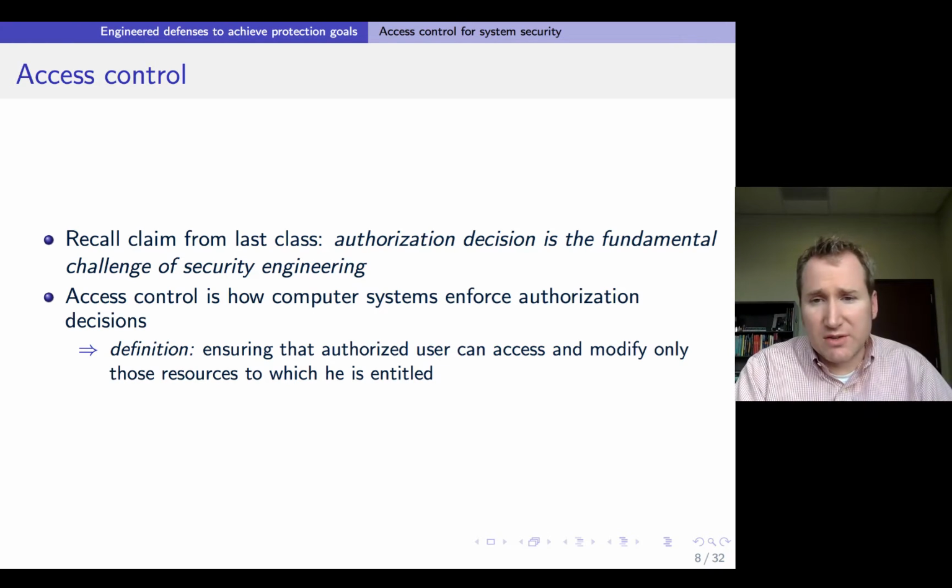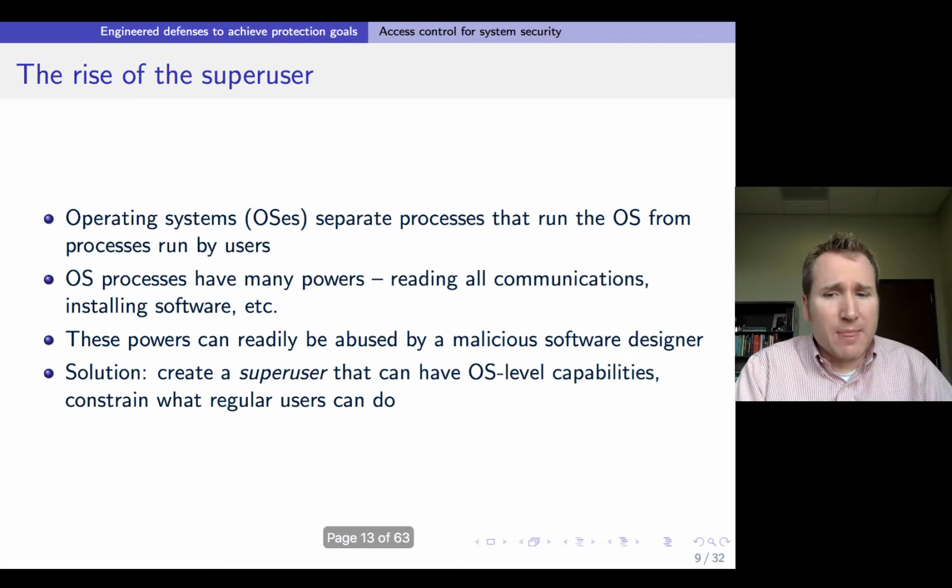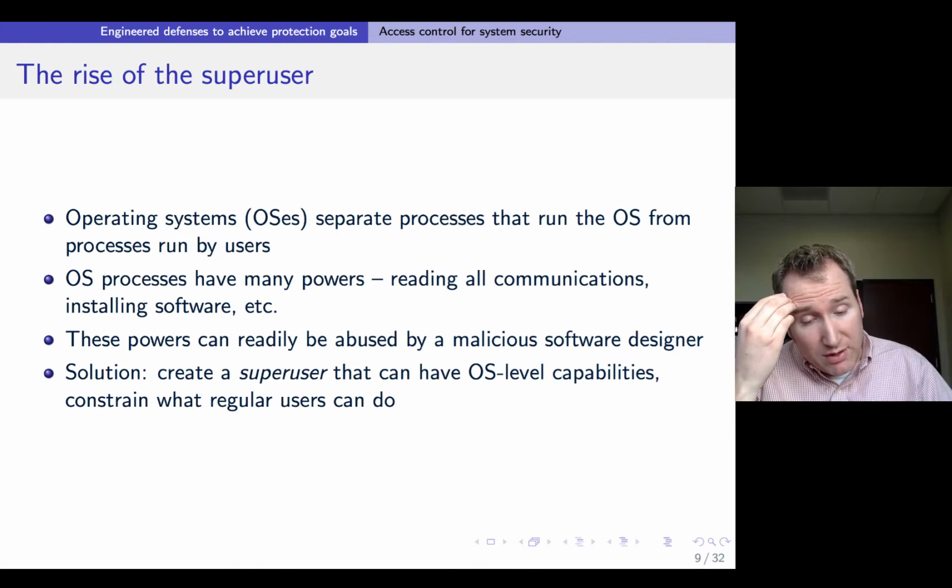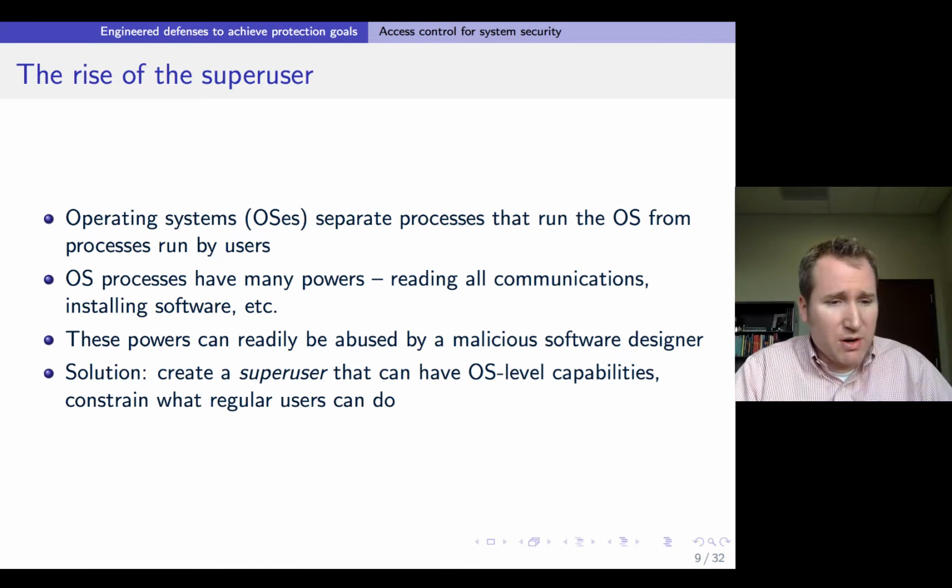But it's not just files; it's also processes. And when we think about how things work in operating systems, you have these separate processes that are very powerful that run the operating system key functions. Okay, so if you think about what an operating system needs to do, it needs to do some really powerful stuff. It needs to read all the communications and write to output devices.